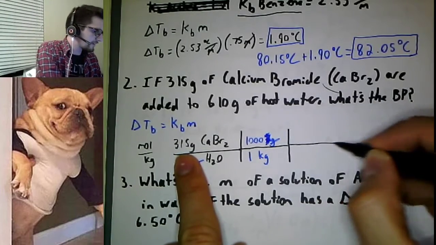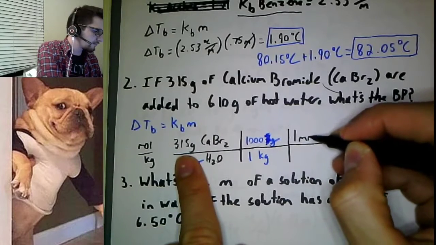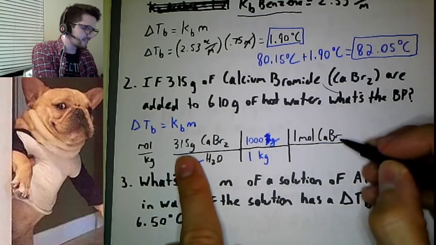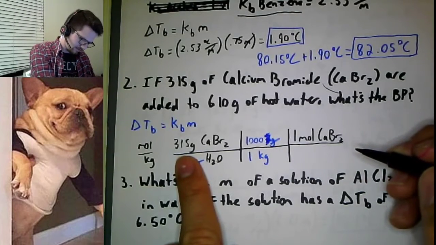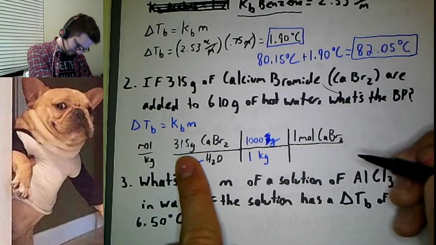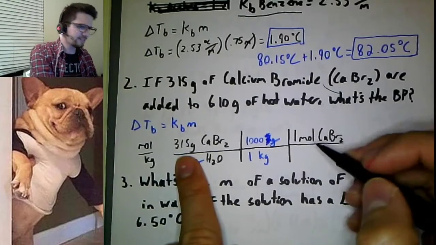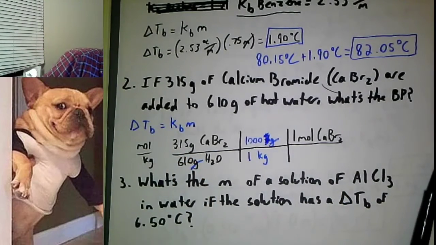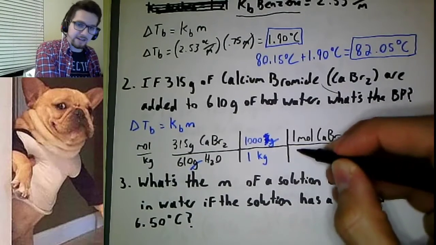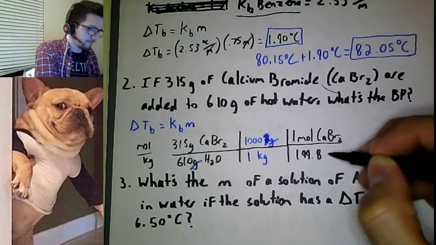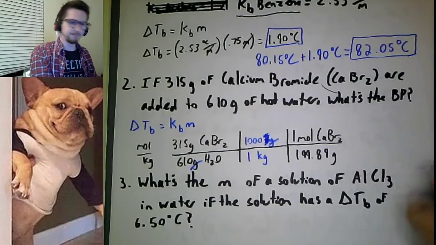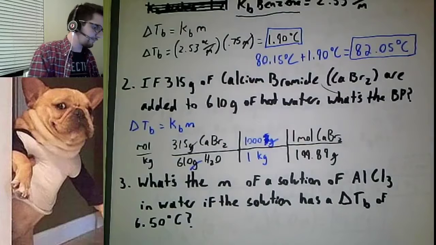Well, if I want to get to 1 mole, how have I done that since stoichiometry? Well, I divide it by the molar mass, right? So what's the molar mass of calcium bromide? I got 199.89 grams. So these grams cancel out.